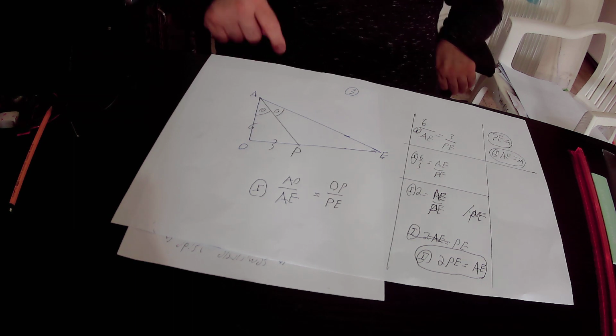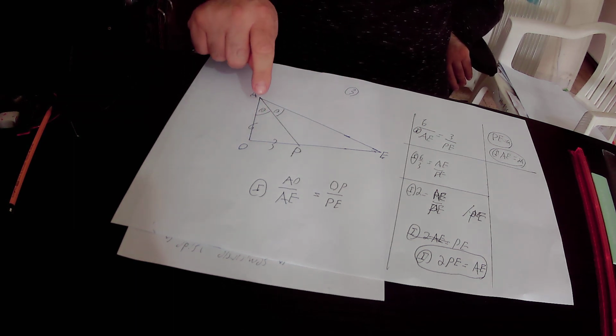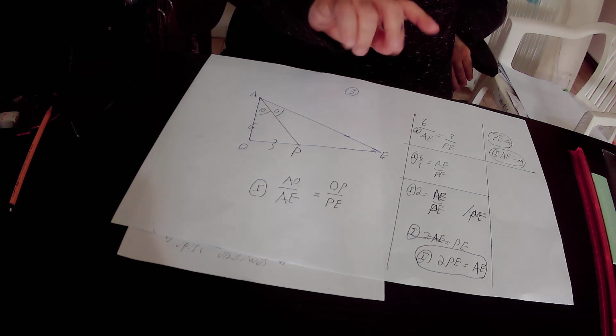Okay, so here AO equals 6 units, AE is AE, and OP equals 3 units, the radius of the semicircle, over PE.